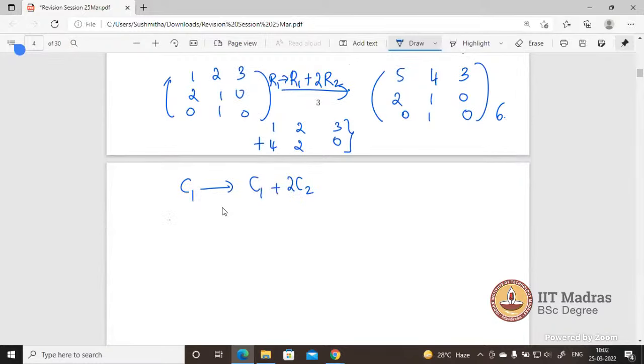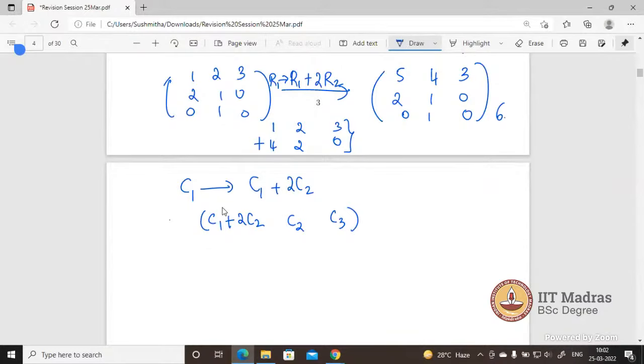If I'm replacing the first column with the first column plus 2 times the second column, this is my new matrix, if I write it down as columns.